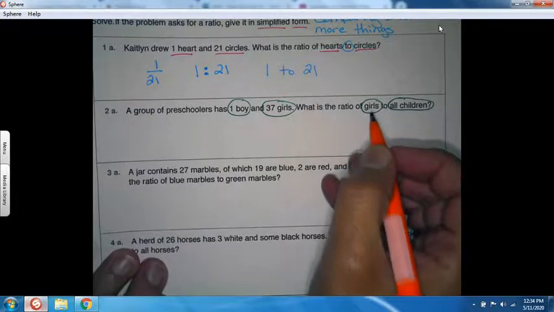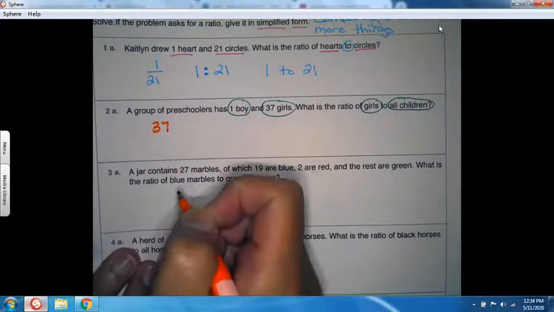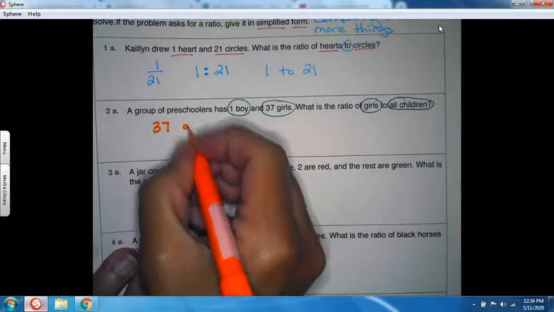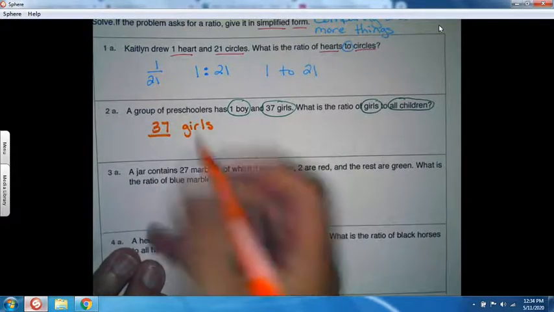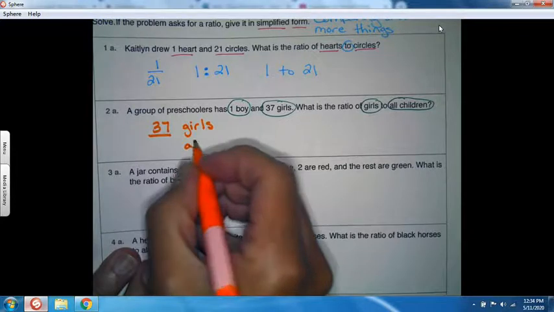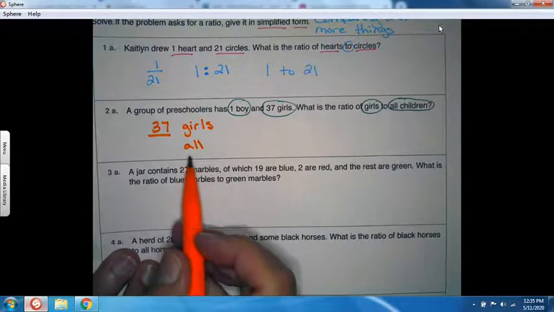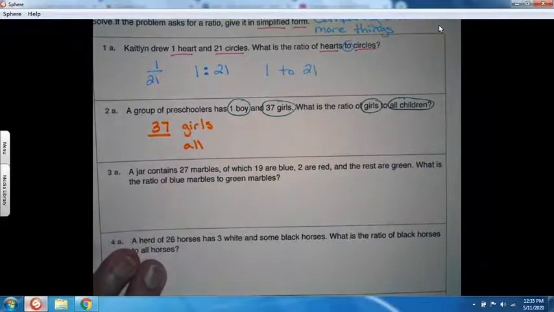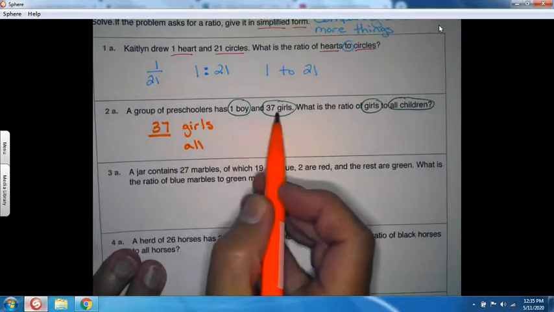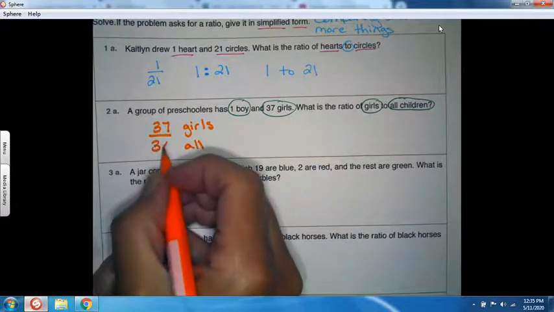So girls is 37. And if it helps, you can even give it the title, 37 girls. And then they want all down here at the bottom. So how many total children, how many total preschoolers are there? Because they want all. That means total. So that means we have to add these 2 up. So 37 plus 1, of course, is 38.